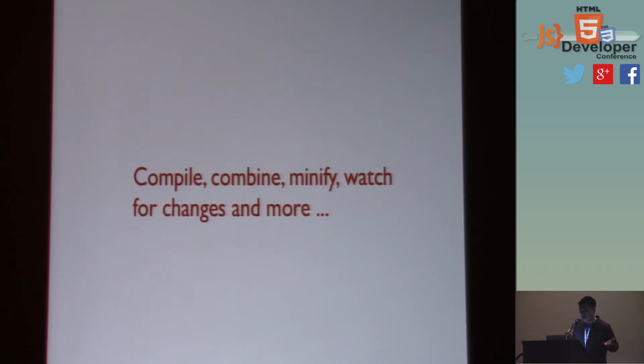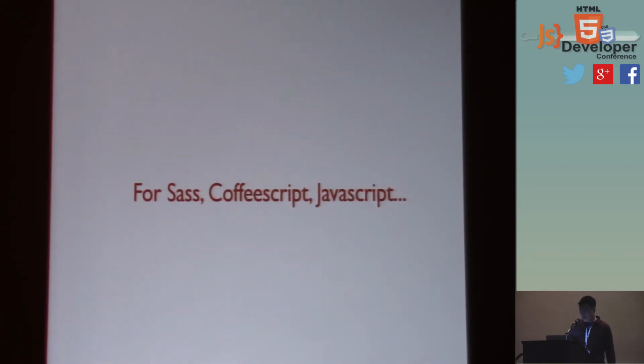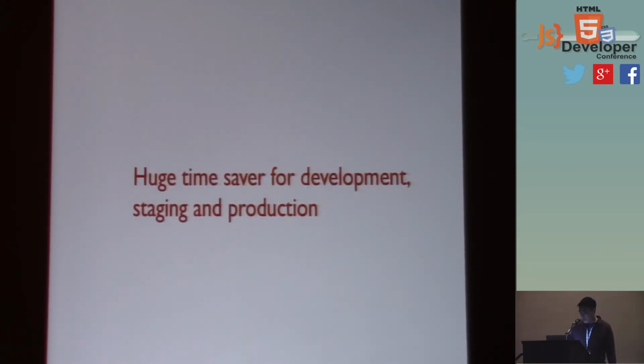Basically, an auto build system will help you to compile, minify, and watch for changes. It's like a huge helper. If you're using any of these SASS, CoffeeScript, or for JavaScript, you might be minifying or concatenating files all the time. An automated build system will help you to do this. Okay, it's a huge time saver.